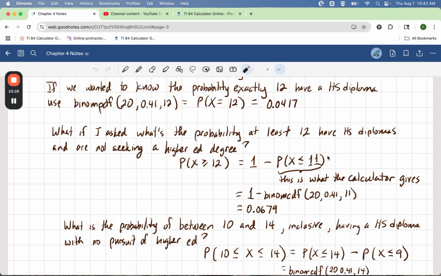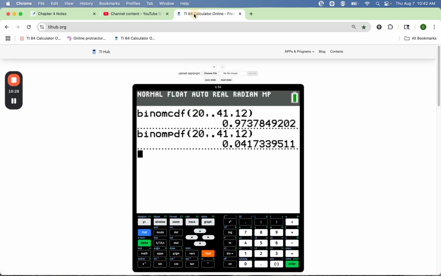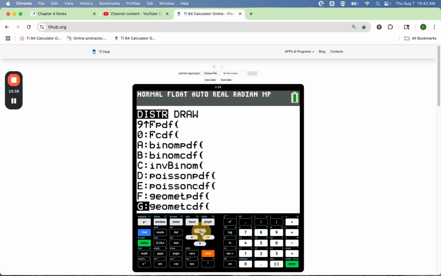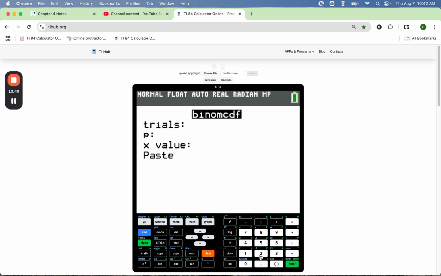All right, so let's go to our calculator. We have 1 minus, second distr, binomCDF, trials 20, probability of success 0.41, and my x value is 11 because I'm subtracting out 0 through 11 in order to get 12 or more.